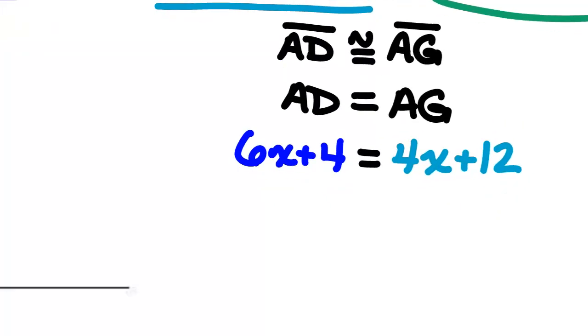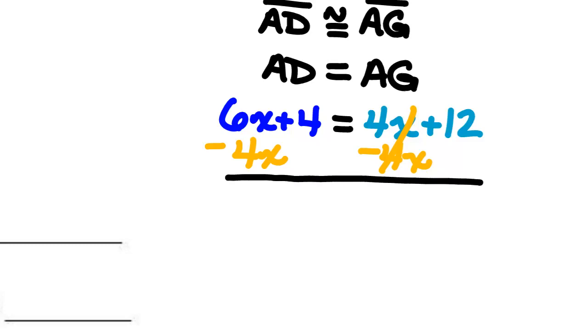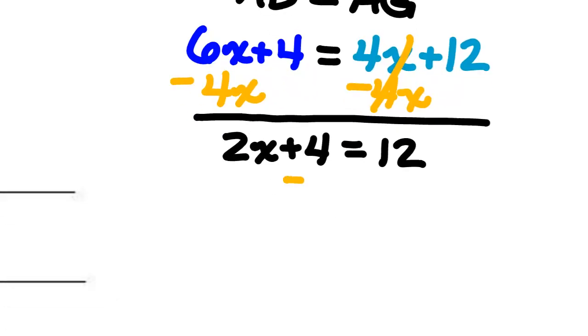So the first thing I have to do is get my x's to the same side. So I'm going to subtract 4x from both sides. So I get 2x plus 4 equals 12.